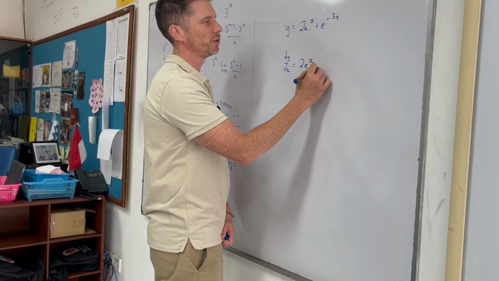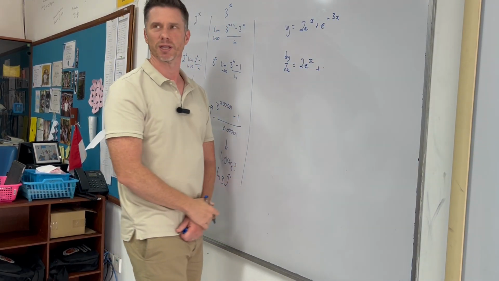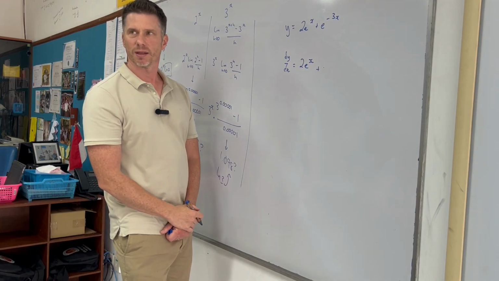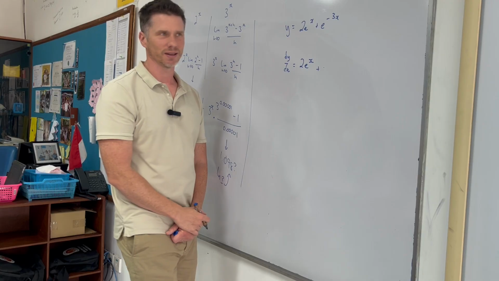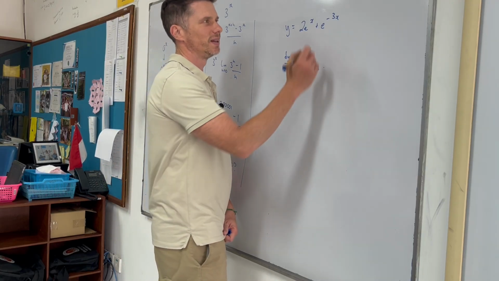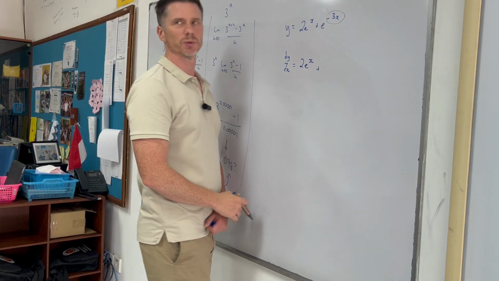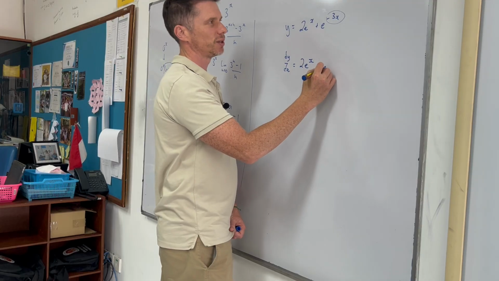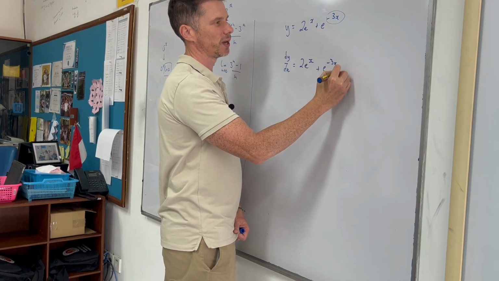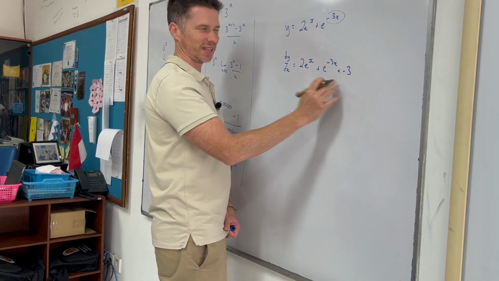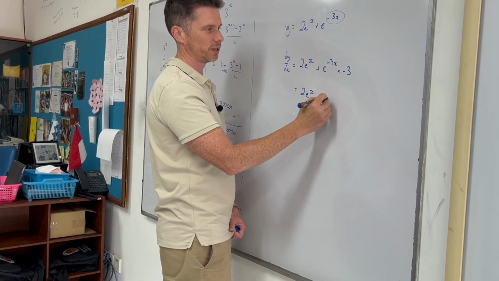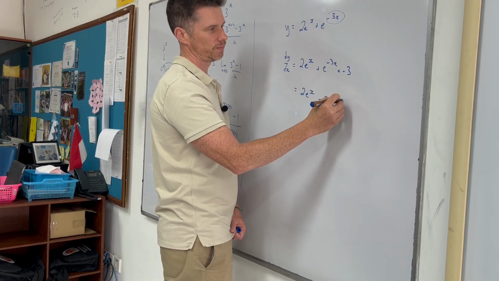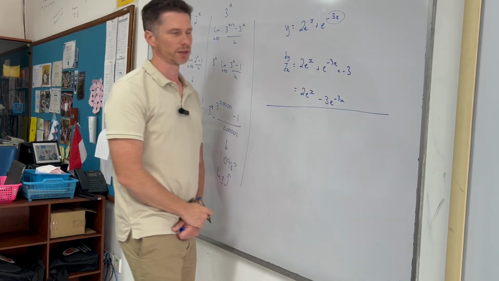What's the derivative of e to the negative 3x? Remember, there is a function within a function here, so we have to use the chain rule. So that'll be e to the negative 3x, multiplied by negative 3. I can tidy that up a little bit. That's going to be 2 e to the x, and this minus 3 can multiply in front, and we get this. Okay, that's that first one done.